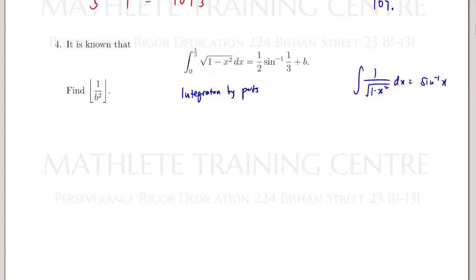So integration by parts is basically the integral of u dv equals uv minus the integral of v du. The way I remember it is, I integrate v and then I differentiate u, and I put the integral sign here. So here, where's the u dv?